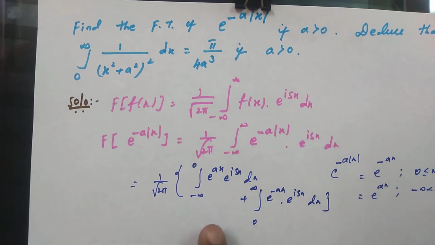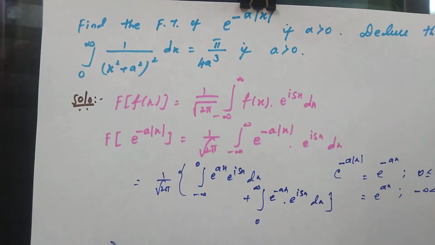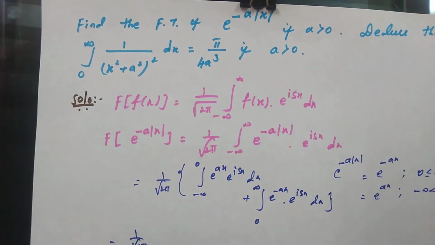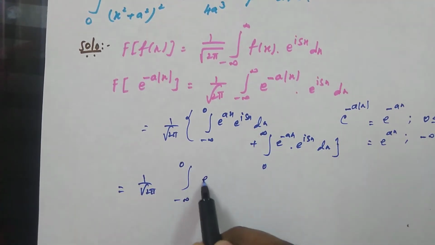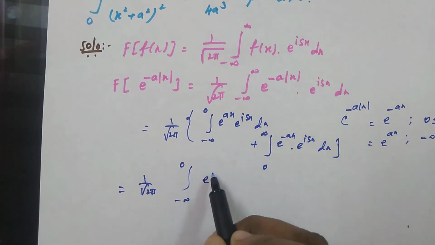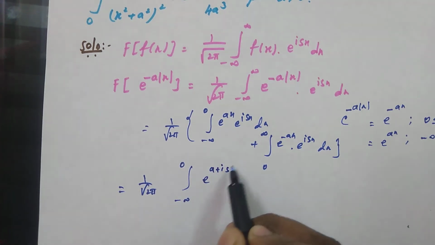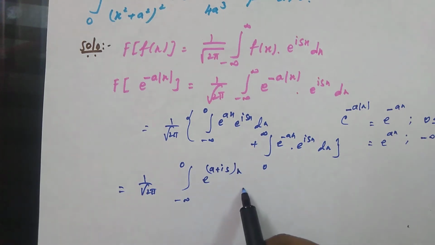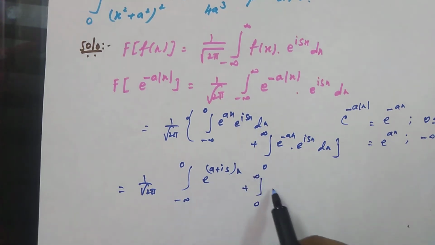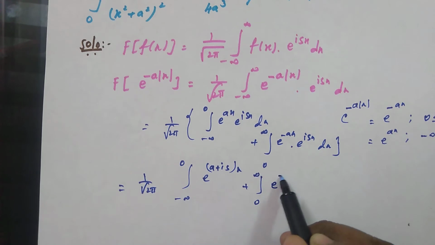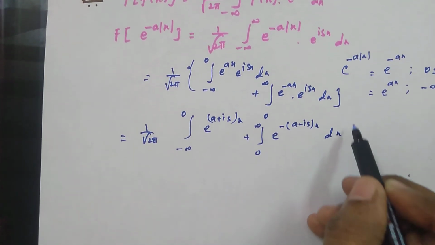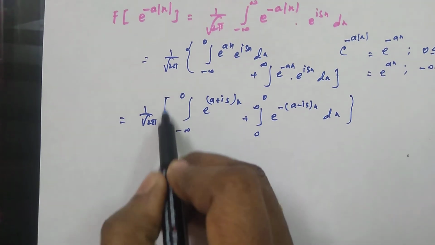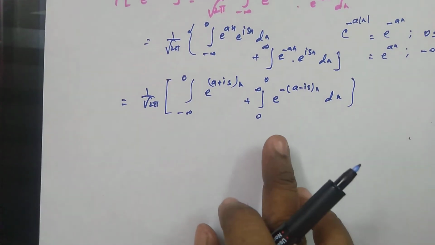So, now we have split it into two integrals, and in this one 1 by root 2 pi, this can be written as integral minus infinity to 0 of e power (a plus is) into x, combined as a single exponent, plus integral 0 to infinity of e power minus (a minus is) into x dx.